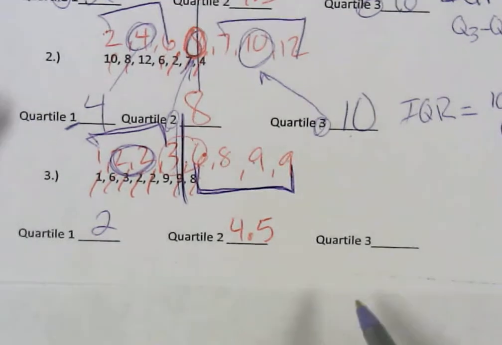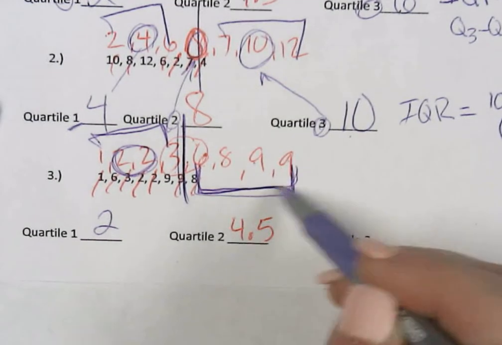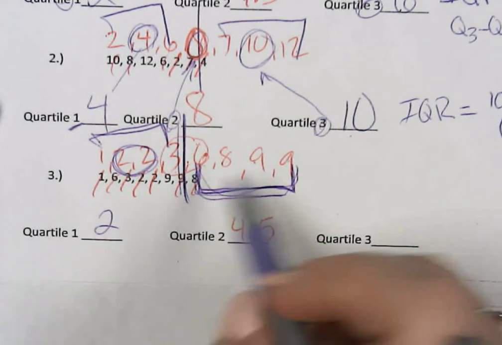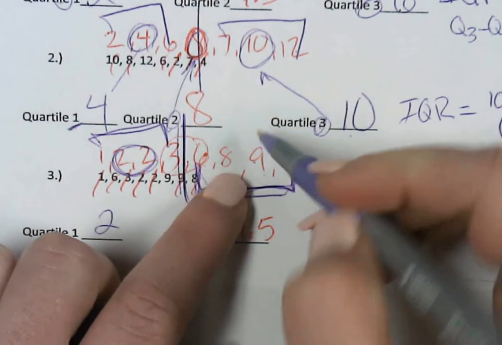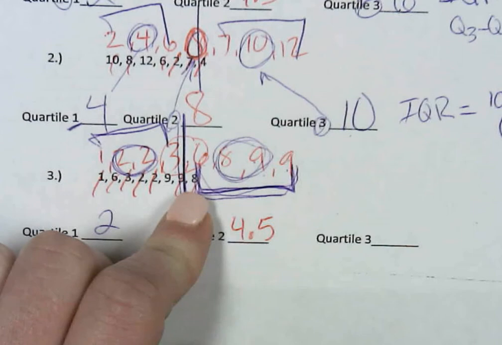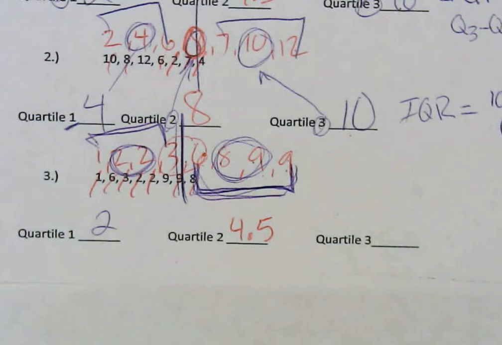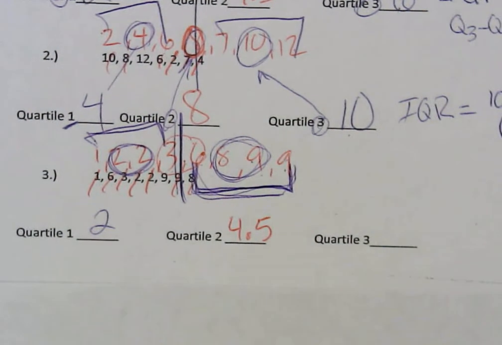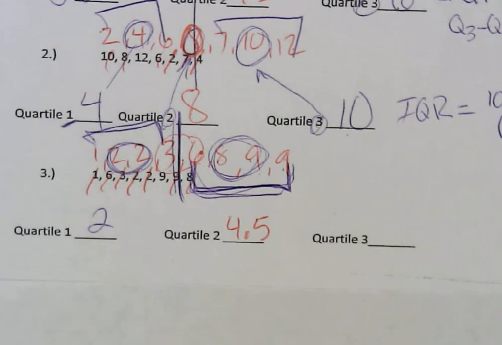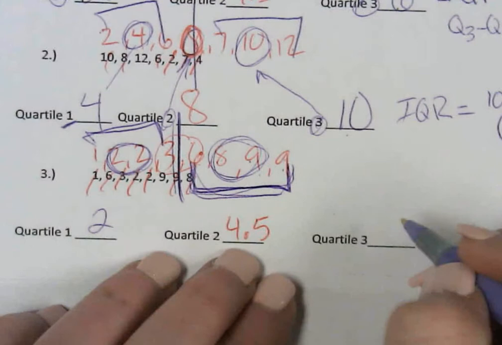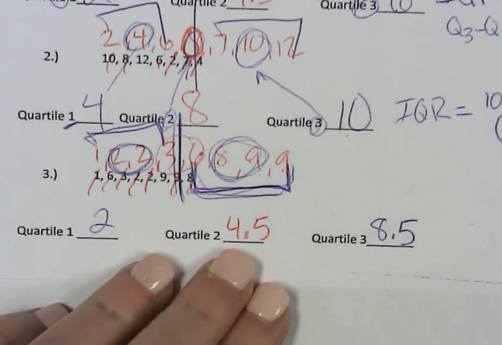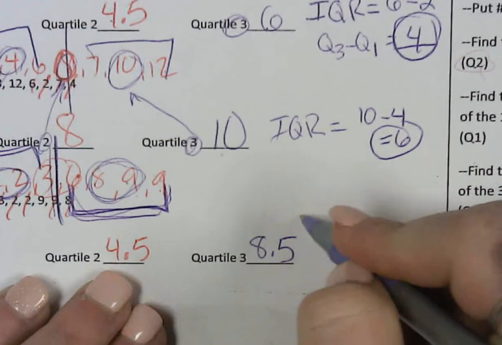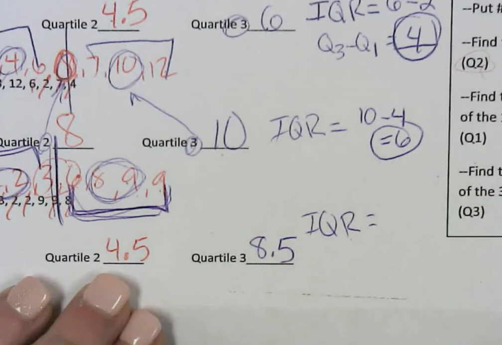Let's look at our quartile 3, the upper numbers, the upper quartile. We're looking for the median. Again, there's not just one middle number. We're going to have to average the two middles together. So add them up. 8 plus 9 gives us 17. 17 divided by 2 doesn't work out evenly, but we will get 8.5. Now that we know all of our quartiles, we can find the interquartile range, also known as IQR for a shortcut.